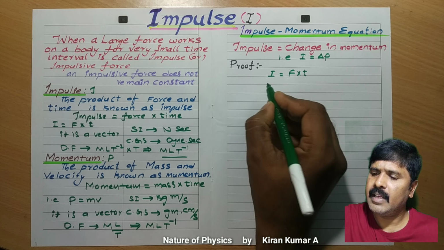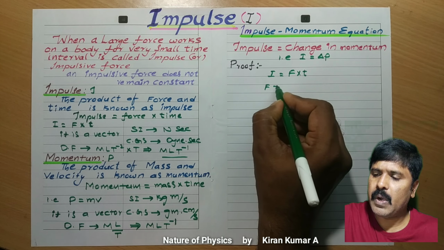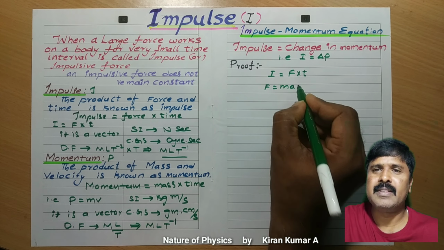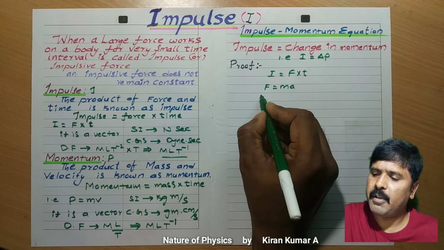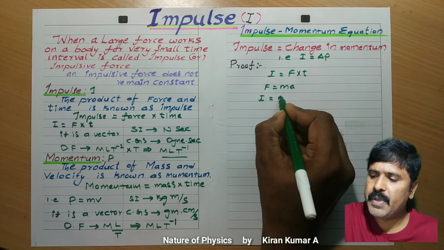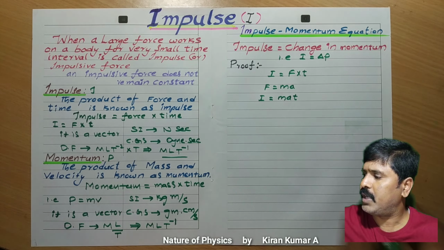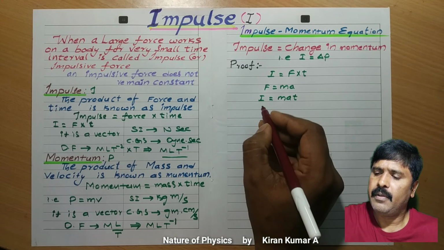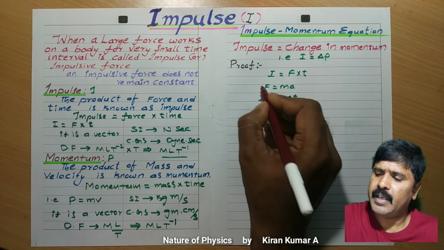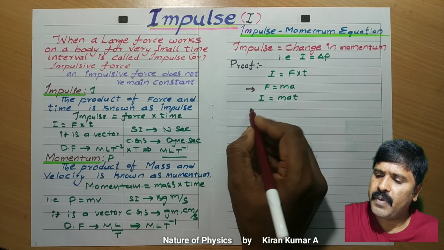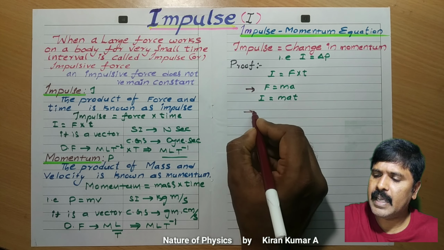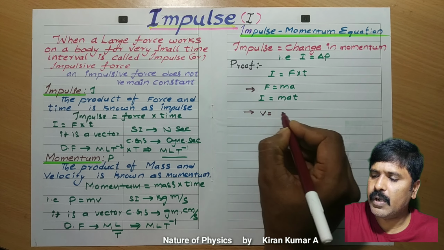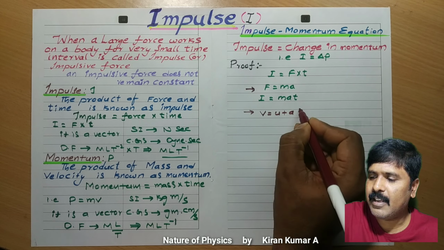Okay. And in this, F is equal to ma from Newton's second law, student. So impulse is equal to ma into t, student. Then continuation here, the basic formula, that is v is equal to u plus at.